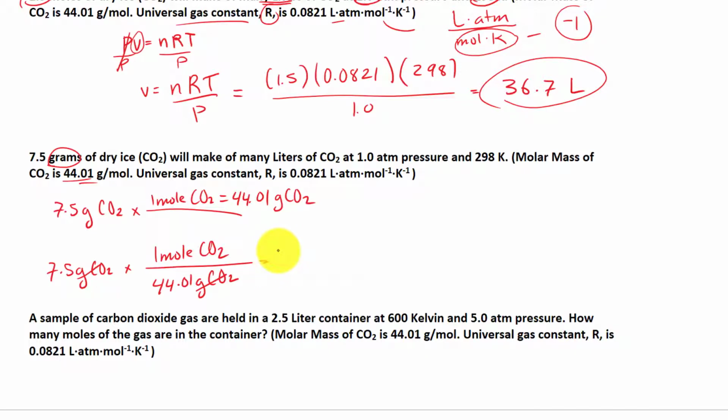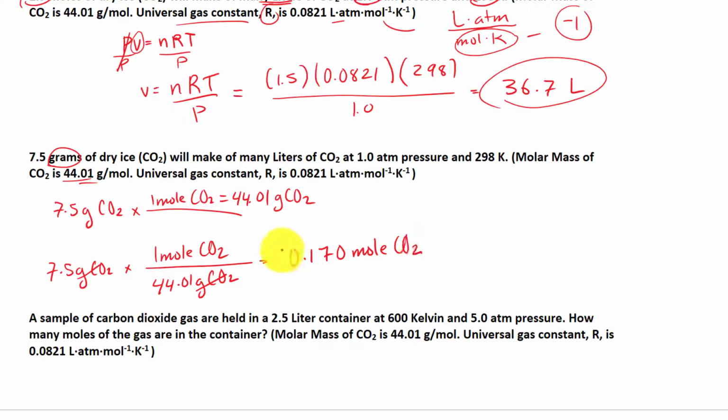Now let's plug into our calculator. 7.5 times 1 divided by 44.01. And this gives us 0.170 mole of CO2. There you go.